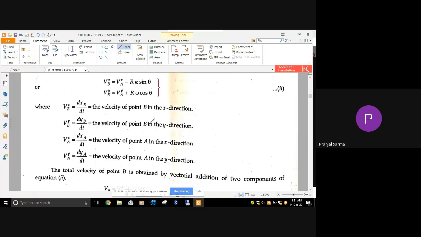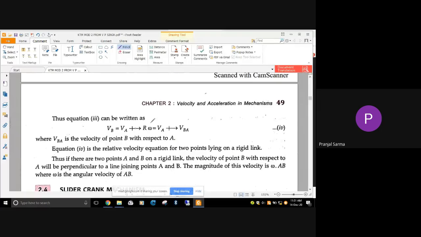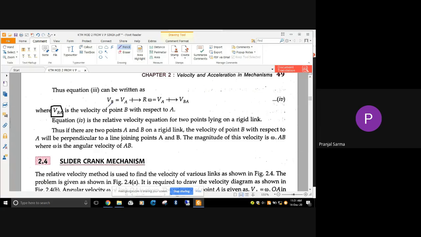But here the velocity of both the points will come, and this VBA will represent the relative velocity of point B with respect to A. Previously, as the point O was fixed, that itself became the absolute velocity. Now it will be the relative velocity equation. So VB can be obtained as the vector addition of VA plus that r omega.